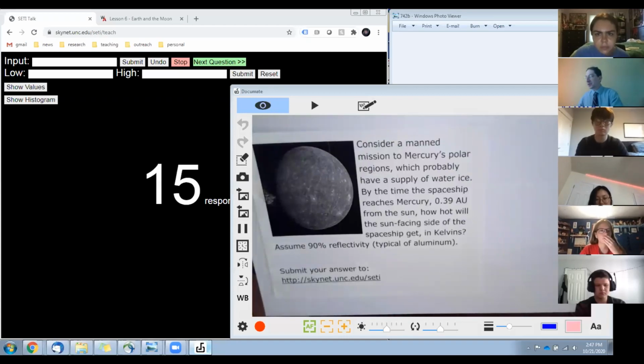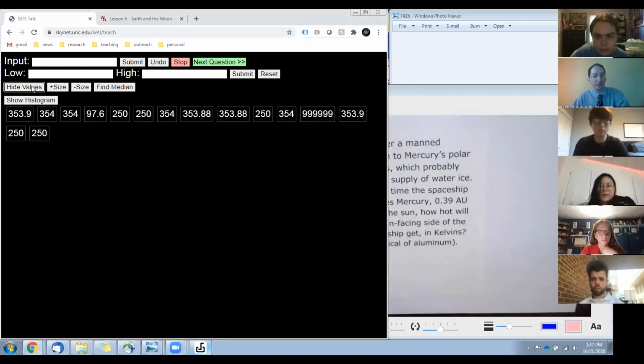Feel free to keep working on it and submit it when you get something. But let's take a look at some of the values. And I think this looks pretty good.